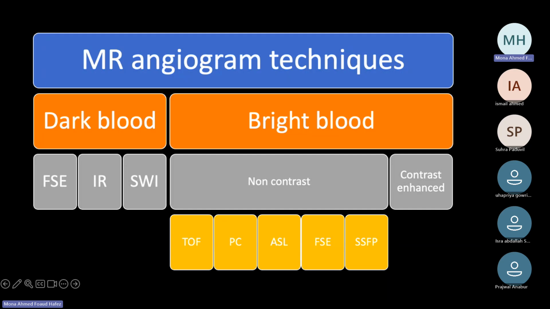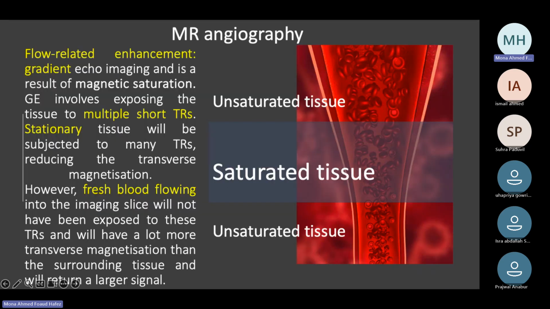Bright blood depends mainly on non-contrast gradient, or contrast enhanced. Dark blood: fast spin echo, inversion recovery, susceptibility weighted image. Non-contrast: time of flight, phase contrast, arterial spin labeling, fast spin echo as well, can be gradient or conventional, and steady state free precession, or contrast enhanced gradient.